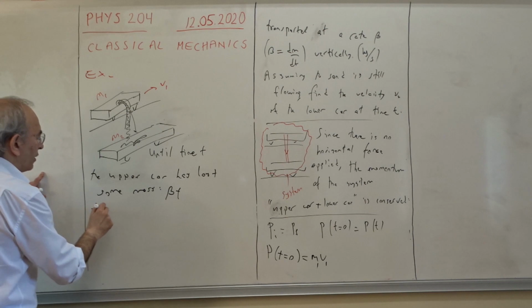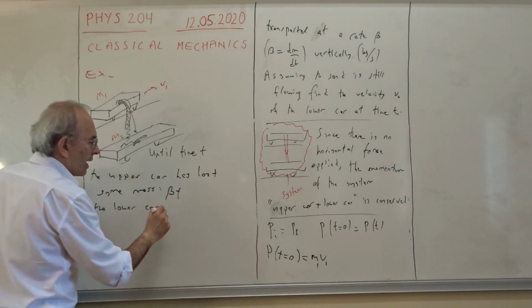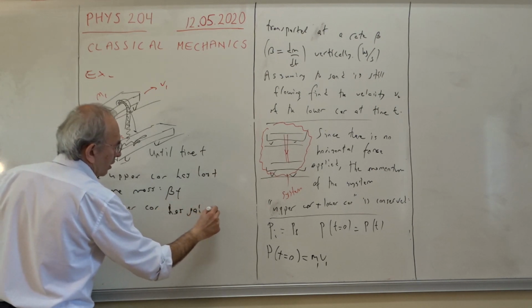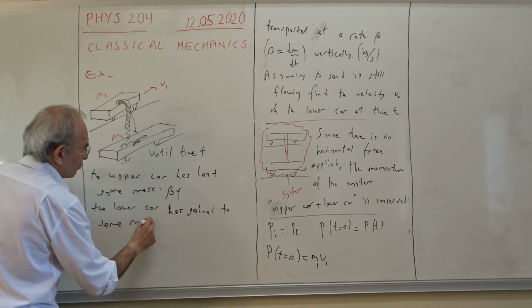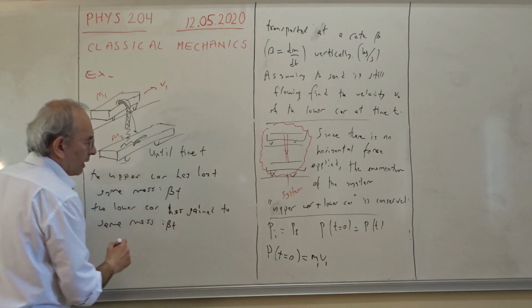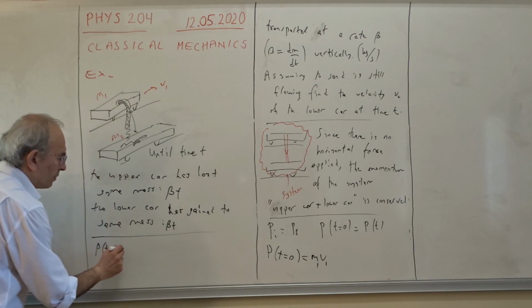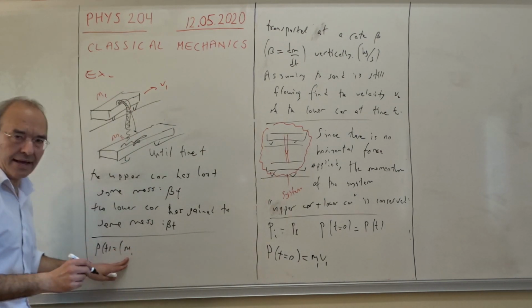And the lower car has gained the same mass. What is that mass? Beta times t.